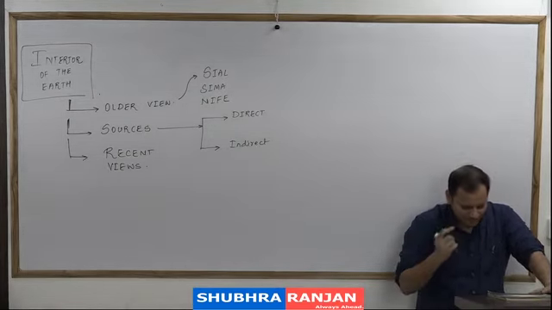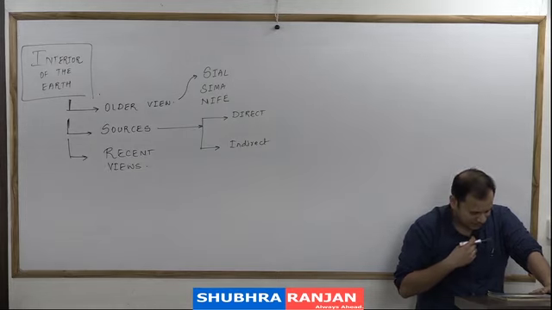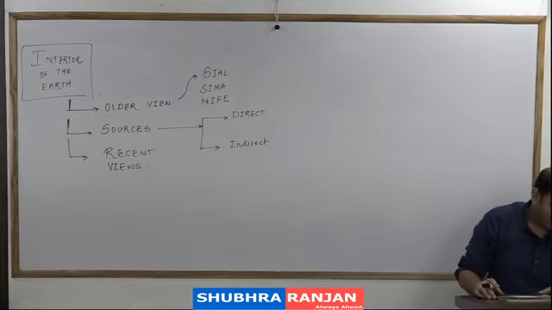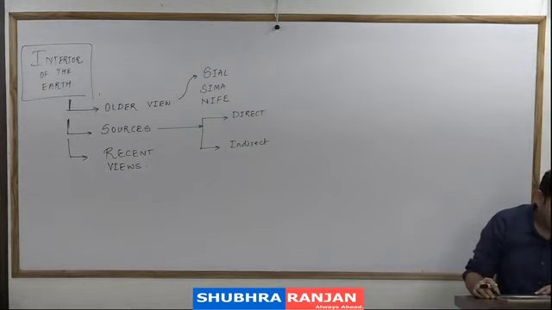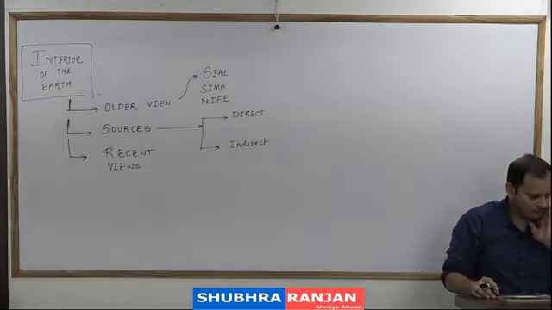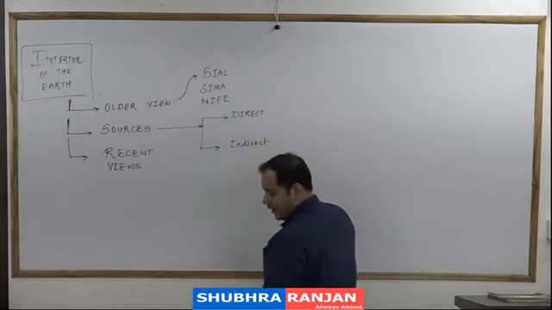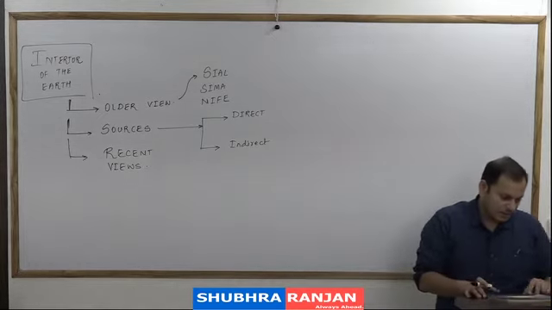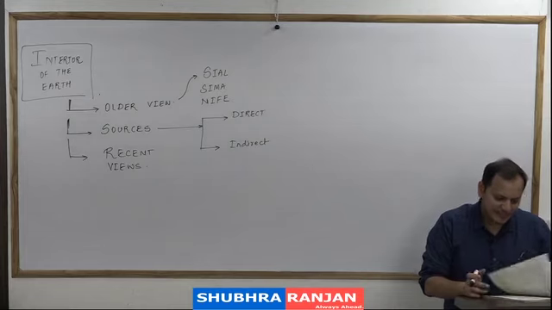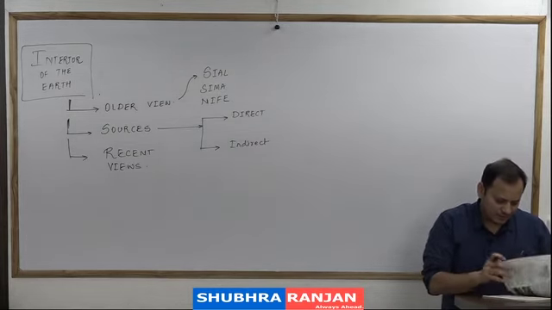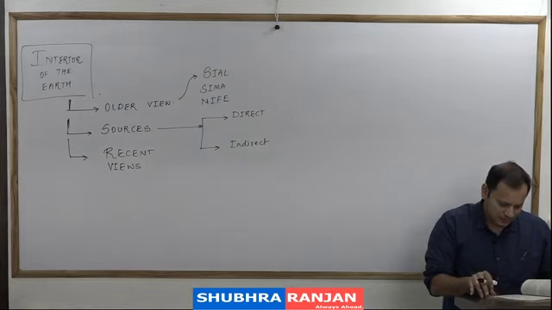These layers are known as crust, mantle and the core. The radius of the earth is greater than 6,000 kilometers.